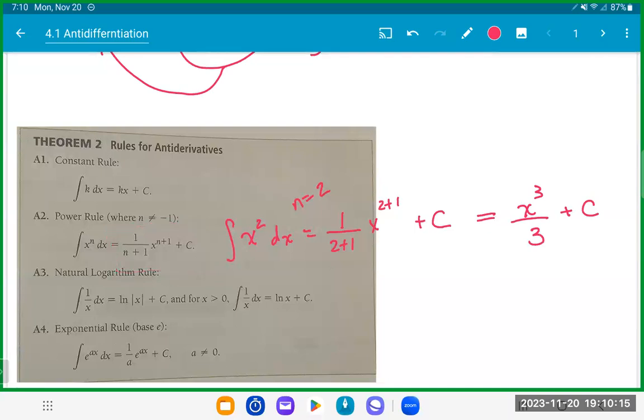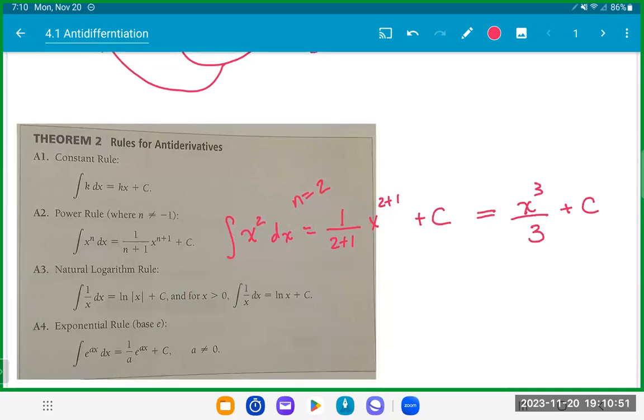All right, so what if I'm looking at natural logs? If I have 1 over x, that is really the same as the ln of the absolute value of x plus that constant. Or if I'm limiting x to being greater than 0, then I can say that 1 over x is equal to ln of x, and I don't have to have the absolute value on that x because I've already restricted it to being positive.